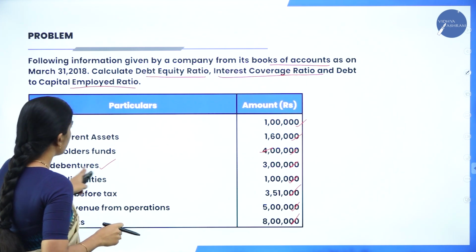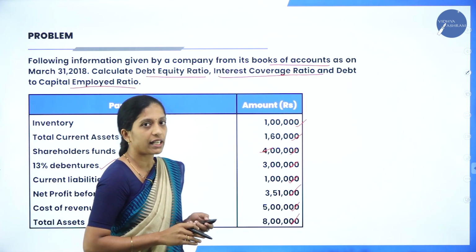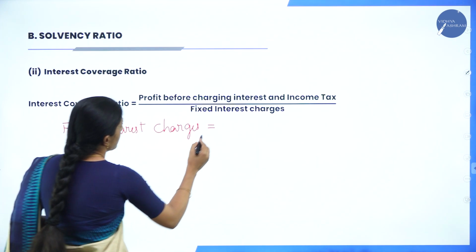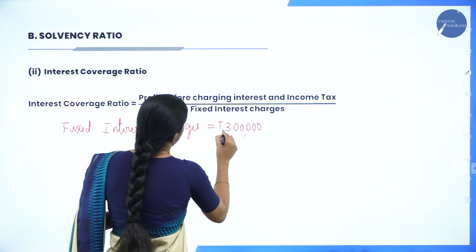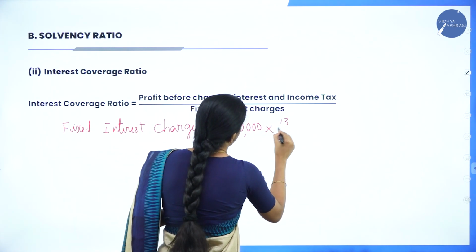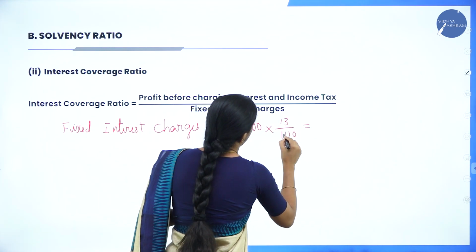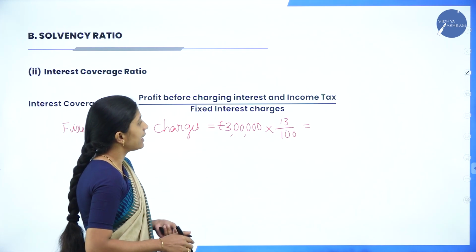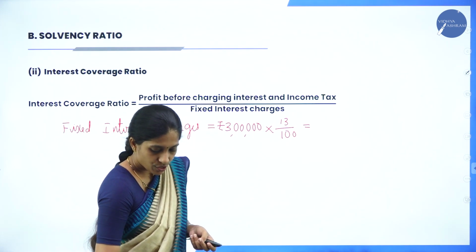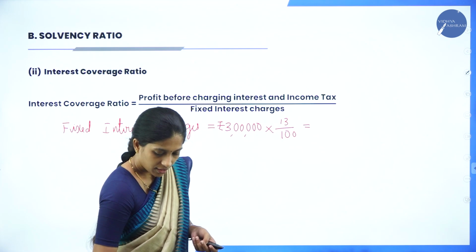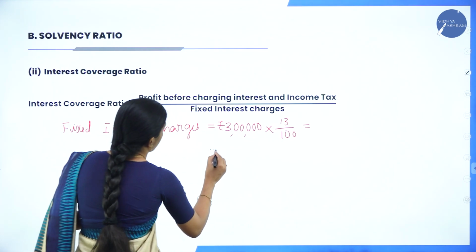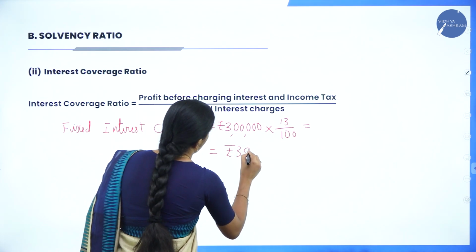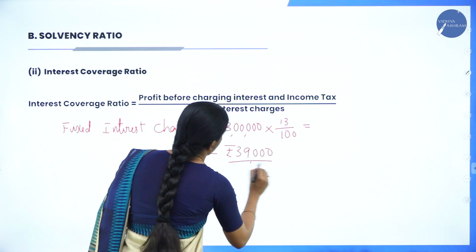So if you see here 13% debentures, that is 3 lakh. So your interest is rupees 3 lakh into 13 divided by 100. So when you calculate 3 lakh into 13%, you will get rupees 39,000. So this will be the interest.